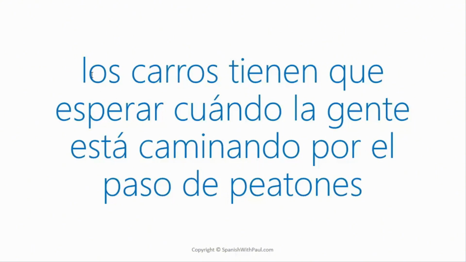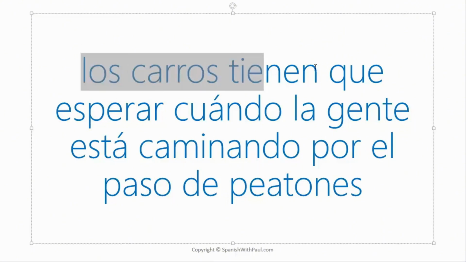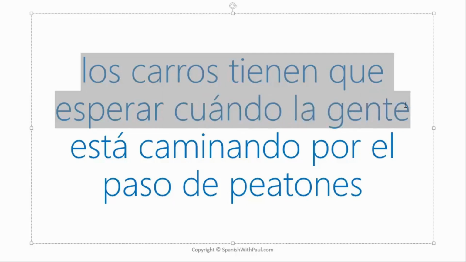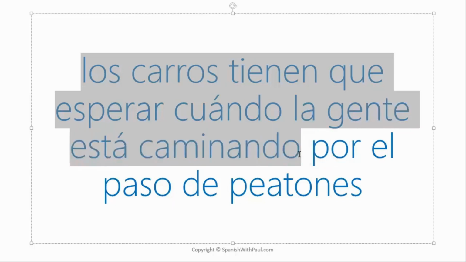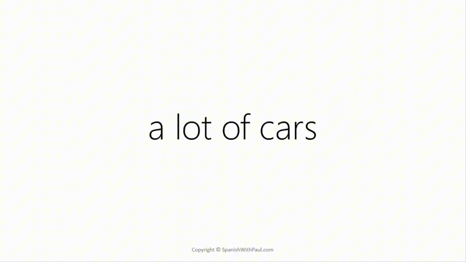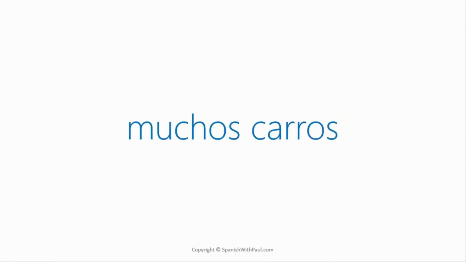We have the cars have to wait. Los carros tienen que esperar. When the people, cuando la gente are walking, está caminando. On the zebra crossing, por el paso de peatones. How would you say a lot of cars? Muchos carros.